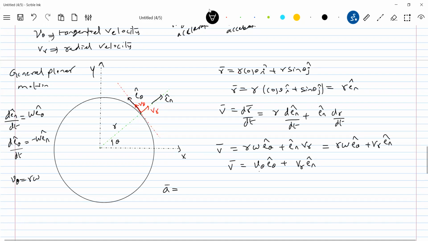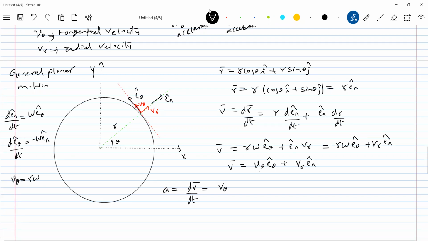A bar equal to dV bar by dt. In the end, you'll be surprised. When a particle moves in a curved path, so many parameters will come into the picture. So let me differentiate all one by one. I should differentiate this equation.